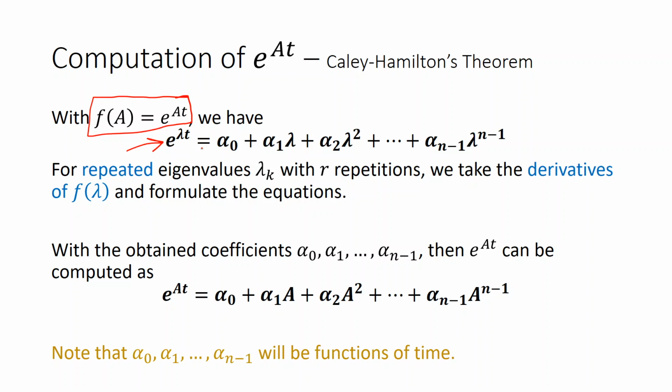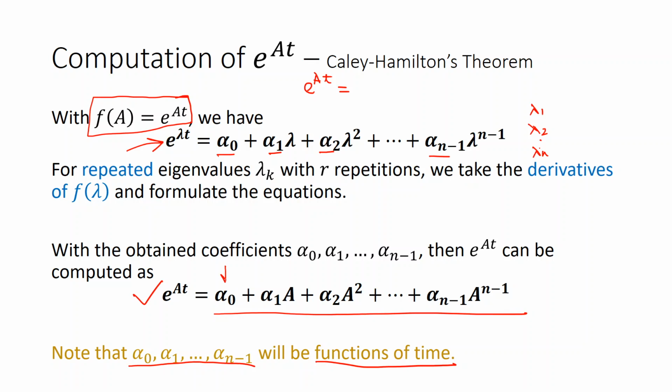So e to the power of lambda t would be this, and this is satisfied by eigenvalues lambda 1 till lambda n. So you will get n number of equations, and how many unknowns do you have? These alphas are unknown. You have exactly n number of unknowns. So you can solve for alpha 0 to alpha n minus 1. And when you have solved for them, you will find that these are functions of time, and hence you will get your e to the power of At directly as this.